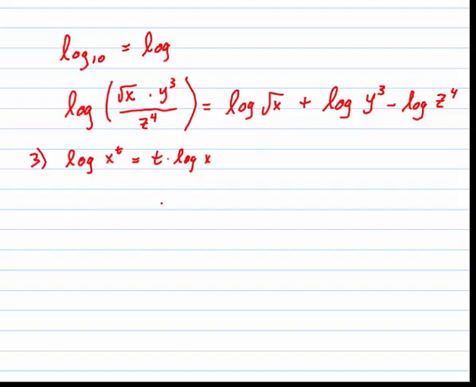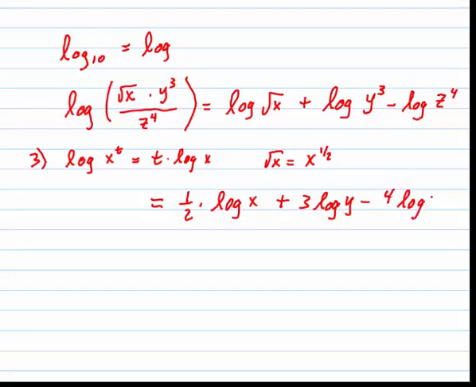The square root of x is also equal to x to the 1/2, so we can bring that 1/2 in front. 1/2 times log of x plus, the 3 we can bring down just like this, 3 log of y, and then minus, we can bring the 4 down in front, 4 log of z. So that's expanding one log into this. And contracting, we can take this and bring it back into that.